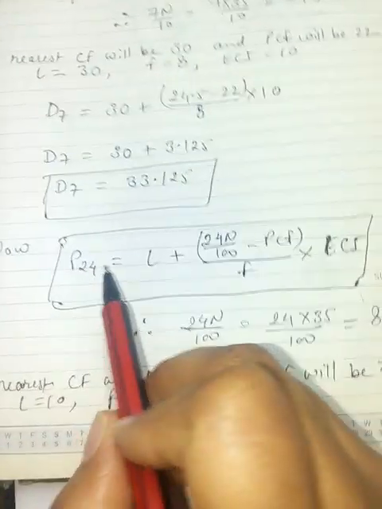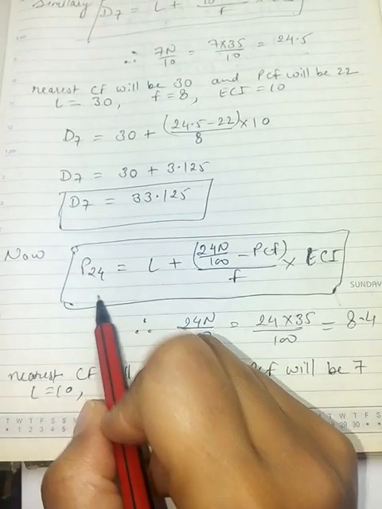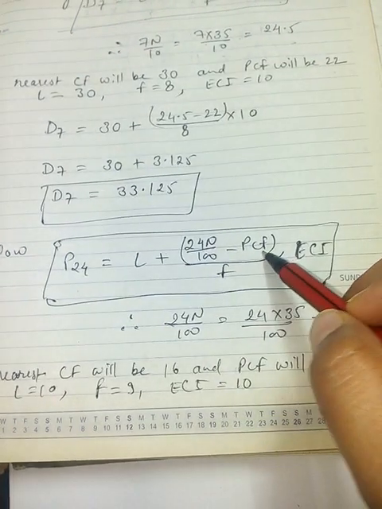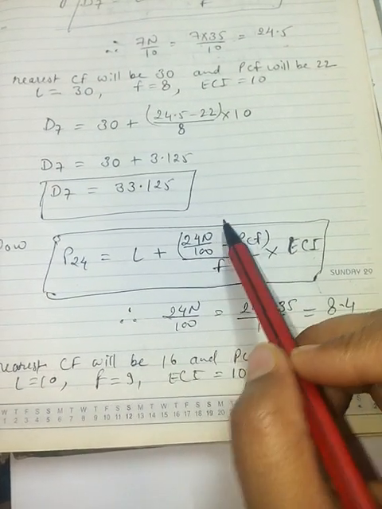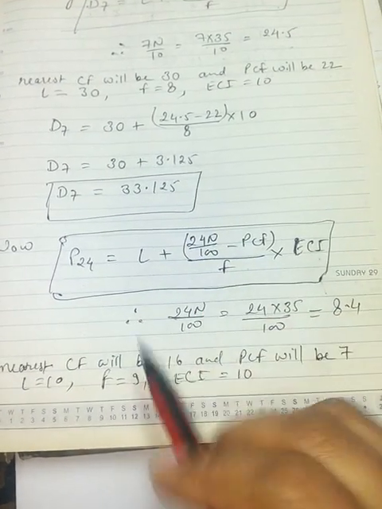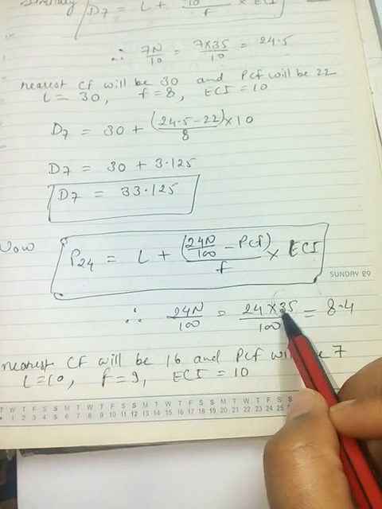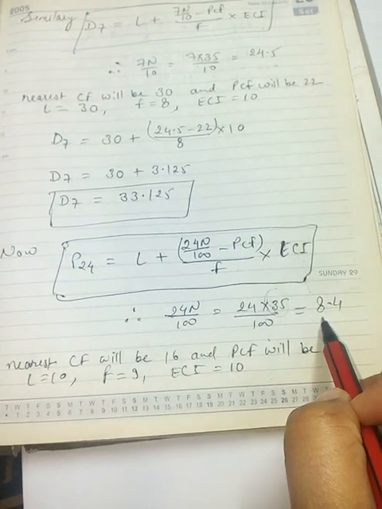Now the last one, P24, the 24th percentile, is equal to L plus 24n by 100 minus PCF upon F into ECI. Here we first calculate 24n by 100. So 24 into the value of n, the total frequency 35, divided by 100. The value is 8.4.